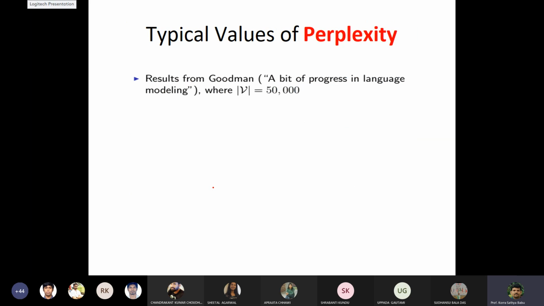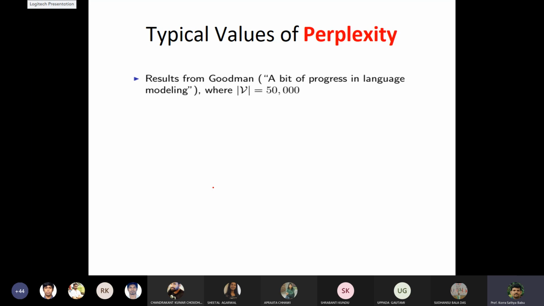The typical values of perplexity were given by Goodman, who conducted an experiment in the article "A Bit of Progress in Language Modeling."